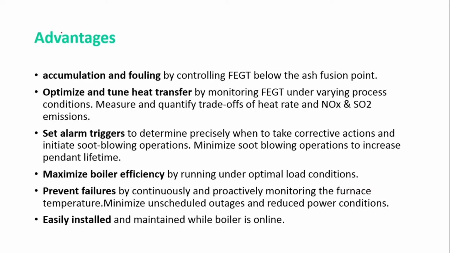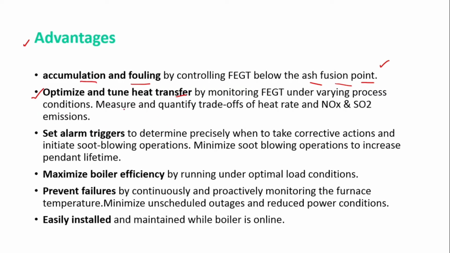These are the advantages of FEGT. Accumulation and fouling can be reduced, as the ash fusion point will not be reached if we operate within certain limits. It optimizes heat transfer.